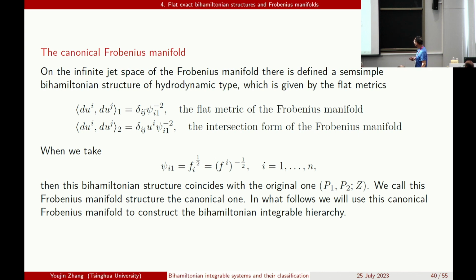But they usually do not coincide with the original one that we started from, because we start from a bihamiltonian structure of hydrodynamic type, construct the Frobenius manifold, and the bihamiltonian structure inherited from this Frobenius manifold usually does not coincide with it. But given a special choice of the solutions psi of the linear system, choosing psi_1 using these coefficients of the diagonal flat metric, we will find that these two bihamiltonian structures coincide. Okay.